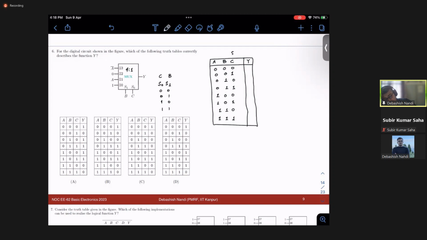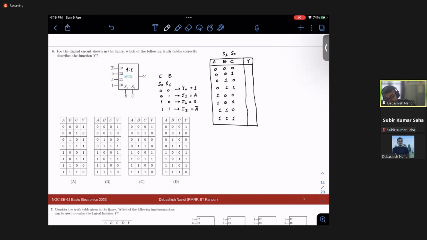This is your S0, this is your S1. Okay, so when these are 0, you will have your output I0 or 1. When this is the case, you have I1 or A. When this is the case, you have I2 or 0. When this is the case, you have I3 or A bar, right?